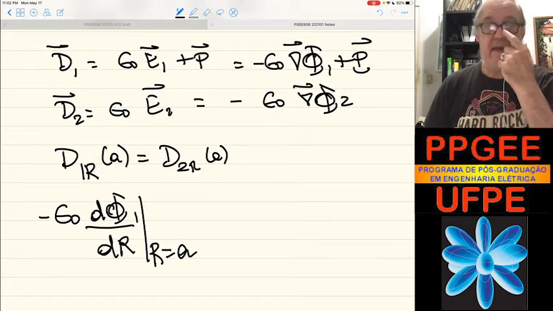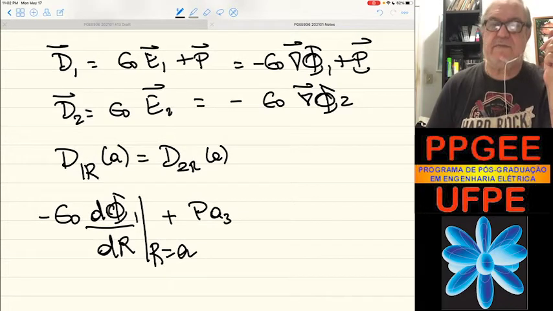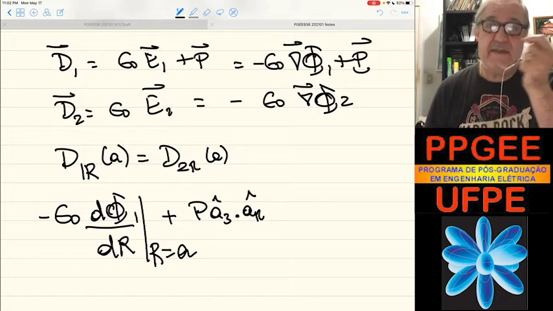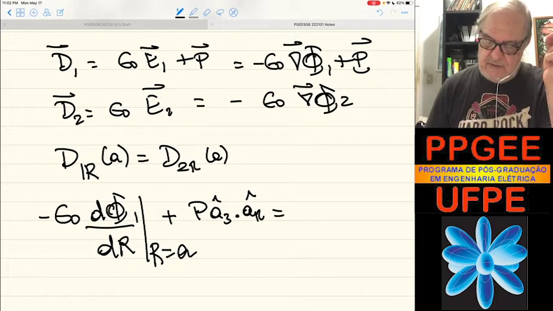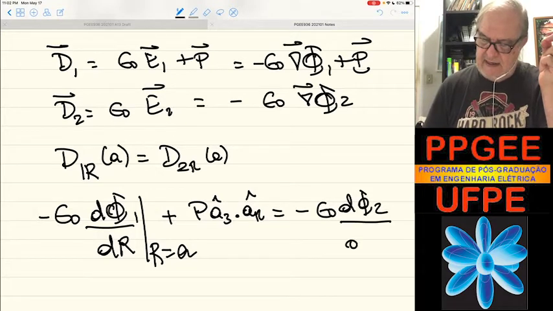Then we have P dot a_r, where P equals P0 a_z, I have a constant P, I guess. It's P a_z dot a_r, which is the projection of the polarization vector along the radial direction, equals minus epsilon 0 d phi 2 dr at r equals a.